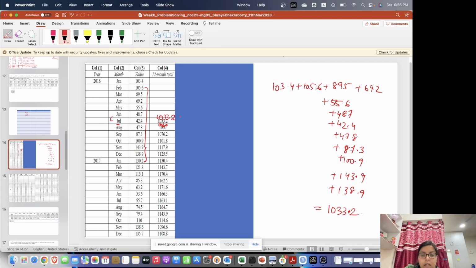We are going to take the average of 1033.2 and 1060, and that we are going to write for July. So if we do an average of 1033.2 and 1060, how much do we get? 1046.6.